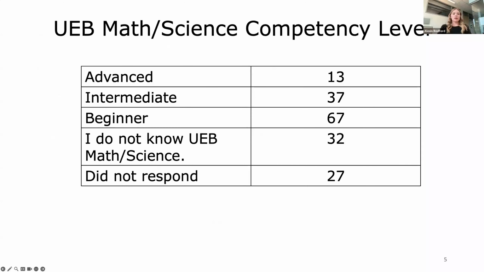Part of our survey was asking TVIs how they felt their competency level was when using or teaching UEB Math Science. We found that most TVIs using UEB Math Science felt that they are at a beginner level, with the least amount of TVIs indicating that they had an advanced competency level in using and teaching UEB Math and Science.